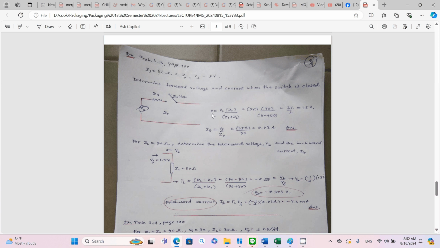You simply apply a voltage divider: Vs, the source voltage, multiplied by the characteristic impedance, divided by the characteristic impedance plus your source impedance ZS. So you have the input voltage becoming 1.5 volts instead of 3 volts, and of course the forward current equals VF over Z0, and you have the forward current becoming 0.03 amp.